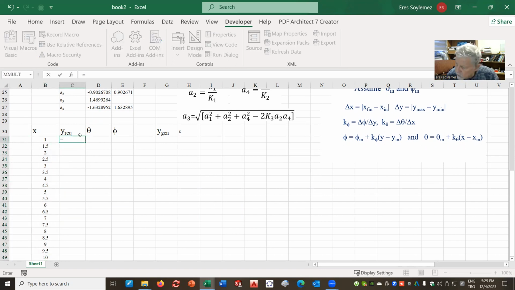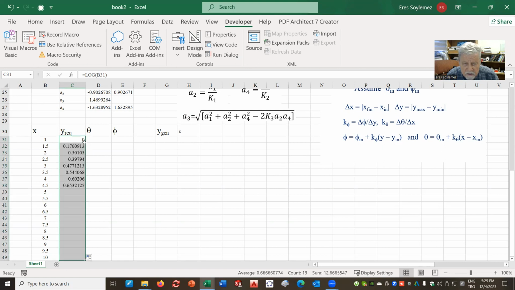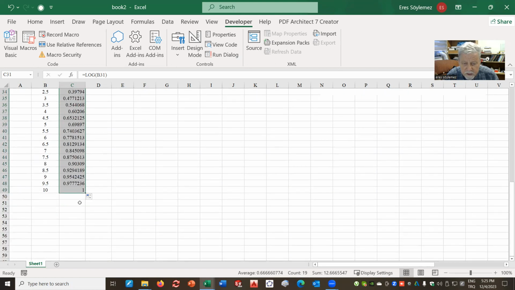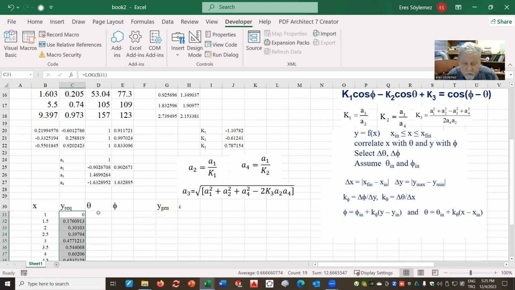Next, I have to determine the Y required. This is the Y value for Y required, log of X. Notice, go to the bottom right corner of the cell, double click, you will obtain all these results.